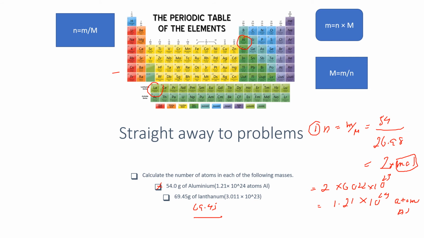Going again to see these, 138.906. Okay, that gives number of moles. So 69.45 divided by 138.906. It is coming 0.49.